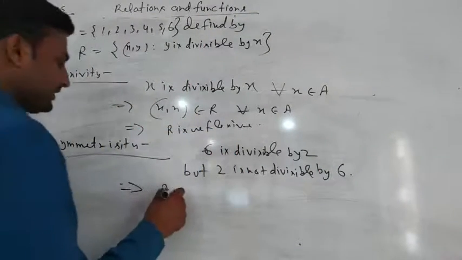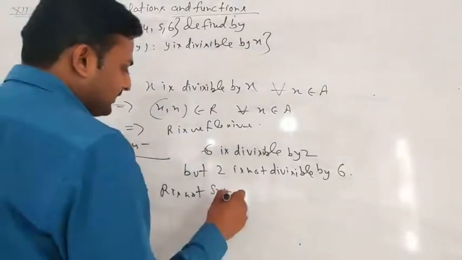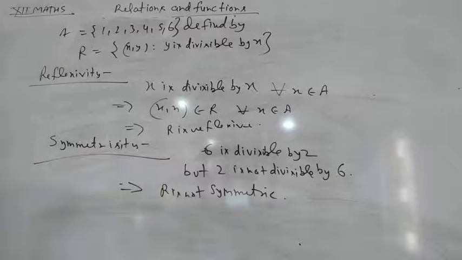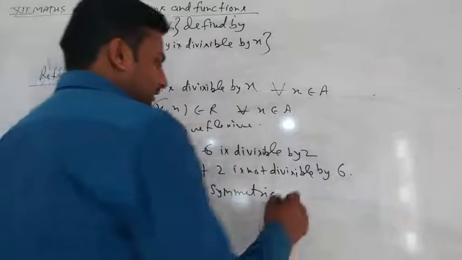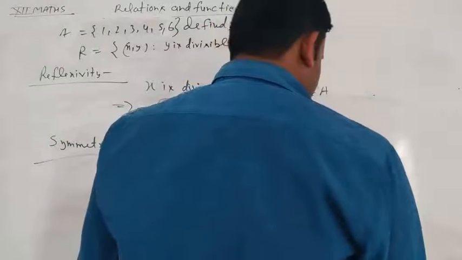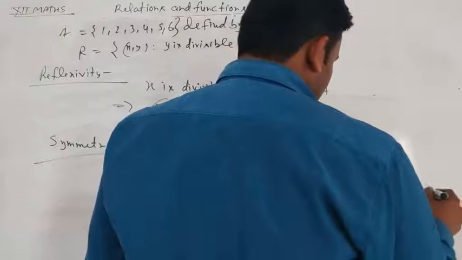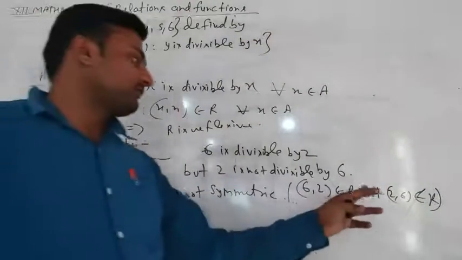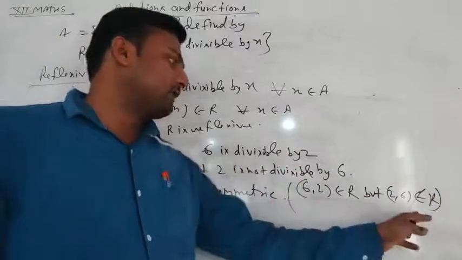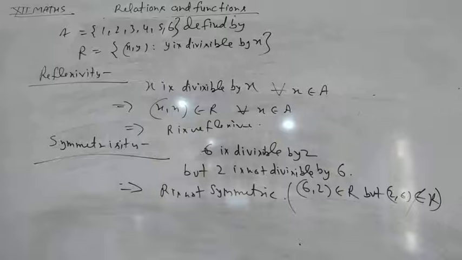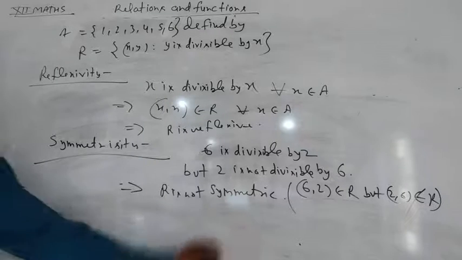So this implies R is not symmetric on set A. We can write that (6, 2) belongs to R, but (2, 6) does not belong to R. Okay, 6 is divisible by 2, but 2 is not divisible by 6. So R is not symmetric.